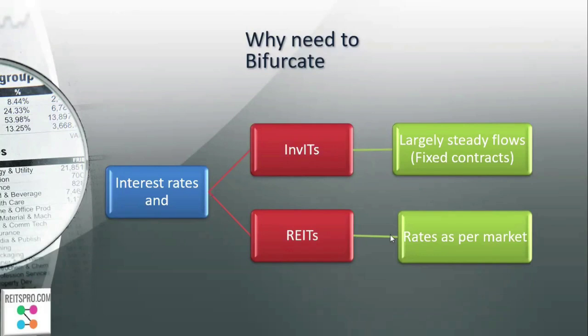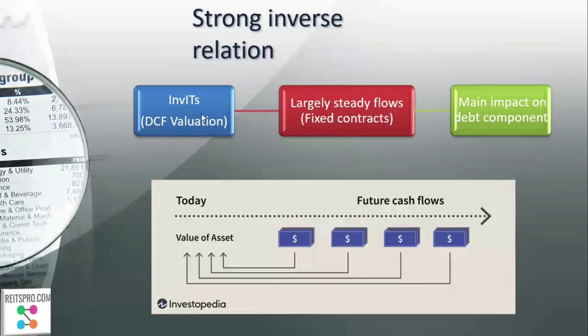Taking up InvITs with a DCF valuation, which is generally the case, there would be large steady inflows because of fixed contracts, and the main impact would be the debt component. If you look at the future cash flows, then any change in the discount rate, or the interest rate as they call it, the current interest rate, would decrease today's value of assets.